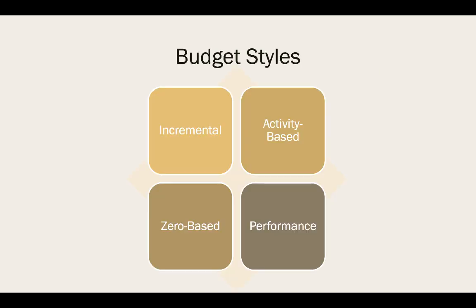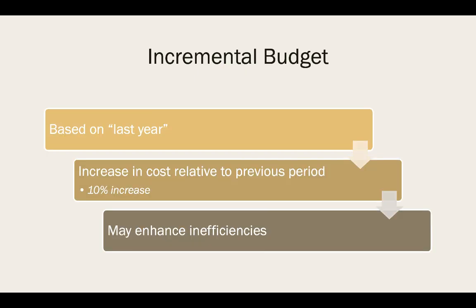You might see that line item budgeting in a number of different budget proposal styles. There's incremental budgets or activity-based or zero-based budgets, and there are also performance budgets. Your incremental budget is going to be based on last year. So whatever your organization budgeted for, had to spend last year, that's what you're going to build it on.